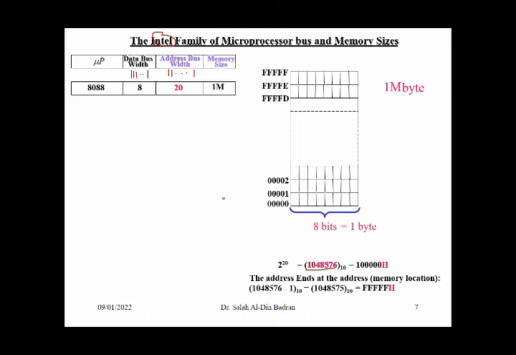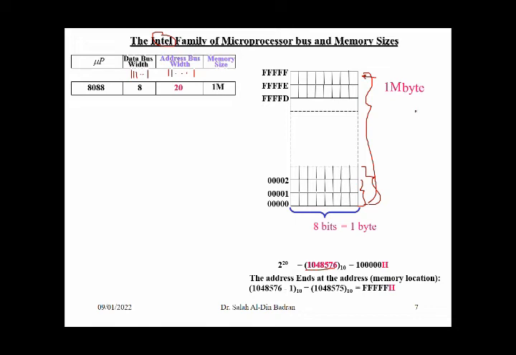So this is why we say 1 megabyte. This is the first byte. Here the second byte. So the total of these two addresses is 2 bytes. This is the third one. Now the total is 3 bytes until we reach here. The total of all of these is 1 megabyte.